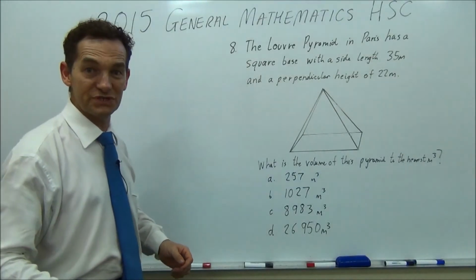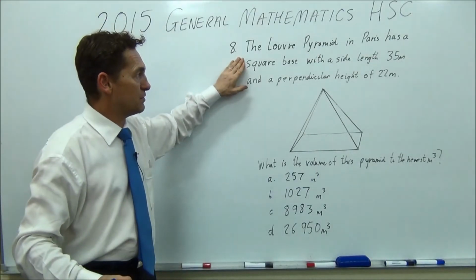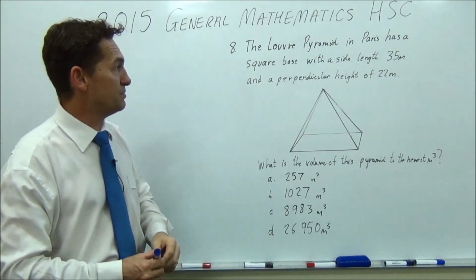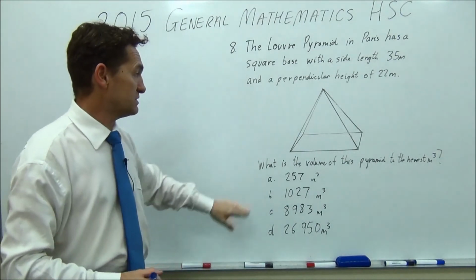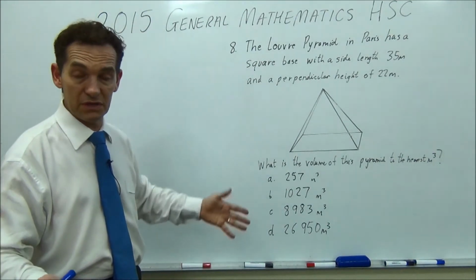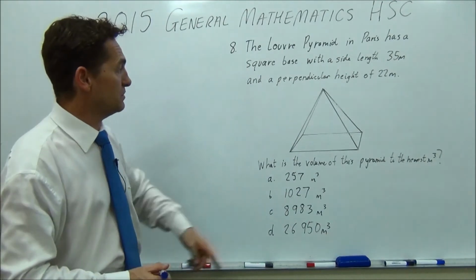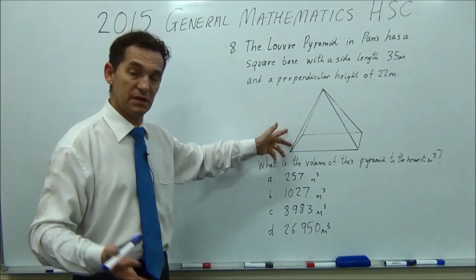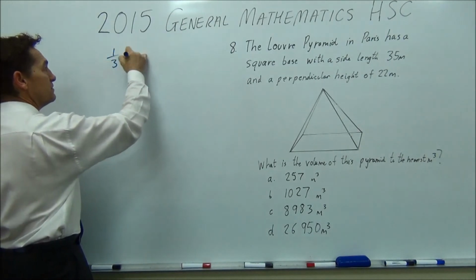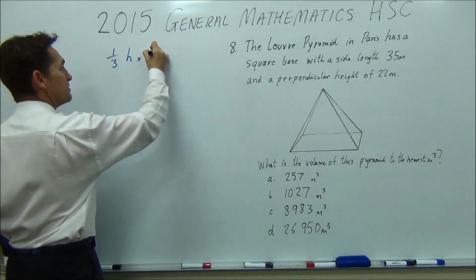G'day again. Question 8. The Louvre pyramid in Paris has a square base with a side length 35 and a perpendicular height of 22. What is the volume of this pyramid to the nearest metre cubed? Now you can look on the back for your formula sheet. You can look at the volume of a pyramid, and it gives you the formula there. So the formula is 1/3 of the height times the area of the base.